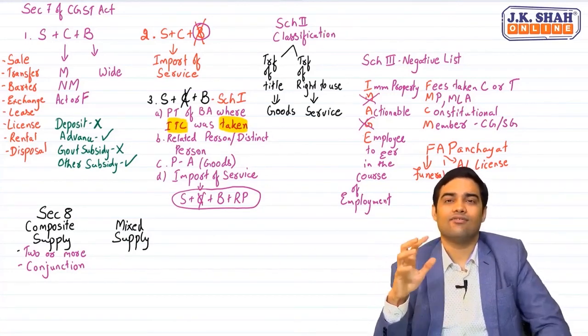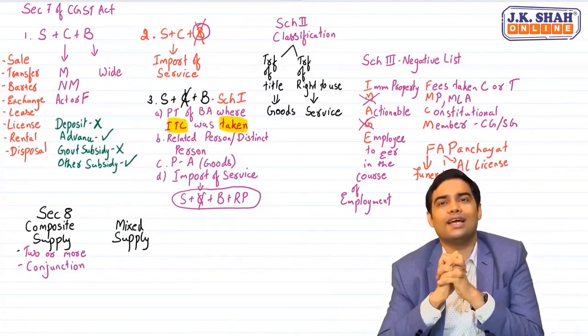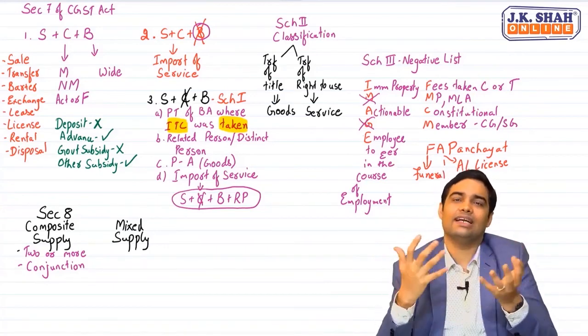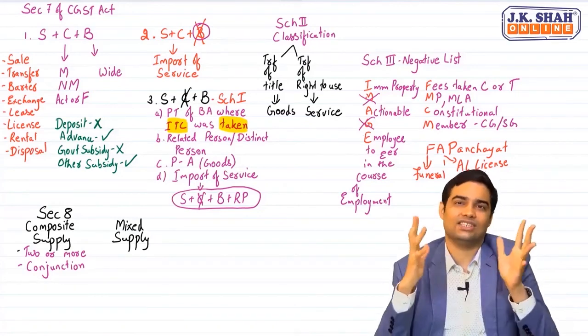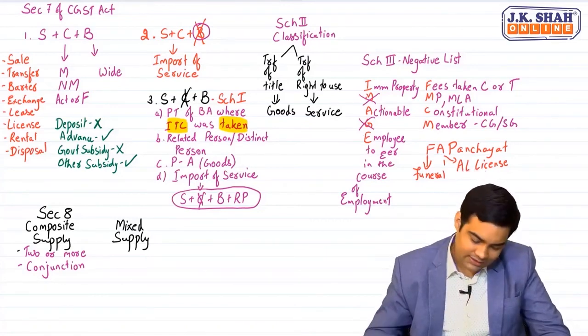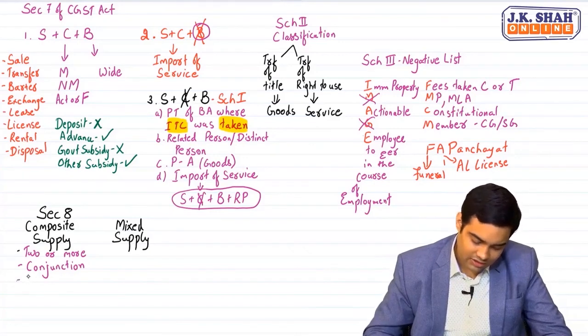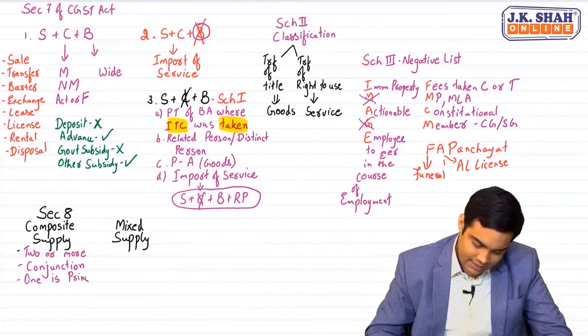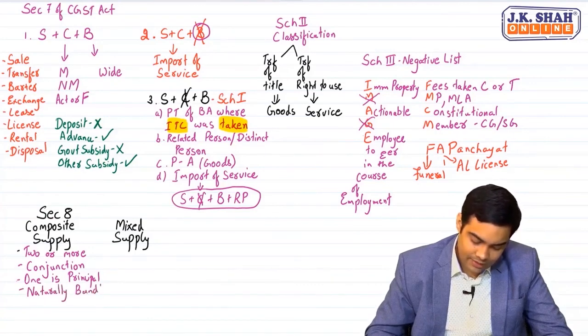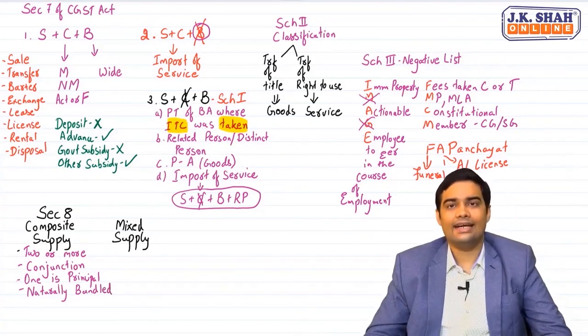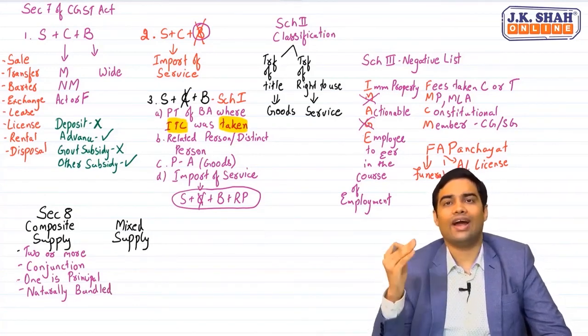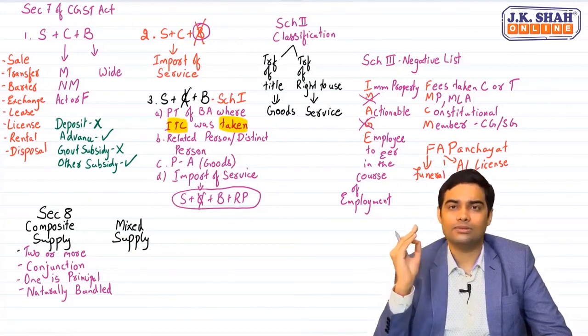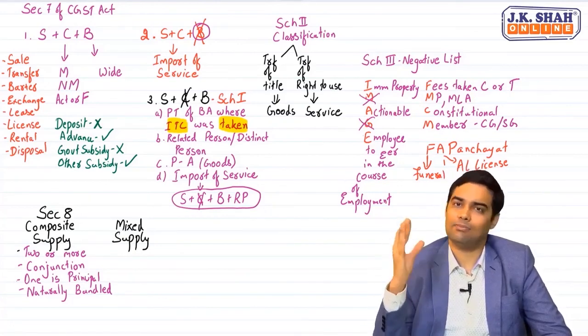For such cases where there are 2 or more supplies bundled, government has provided the solution in section 8. So, composite supply is 2 or more, conjunction, 1 is principal supply. And last condition is, they are naturally bundled in the ordinary course of business. Naturally bundled meaning, normally in the trade, when you go out, you will find this being supplied together by various suppliers.